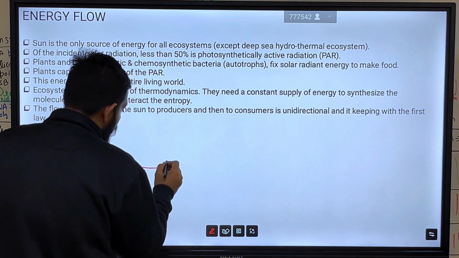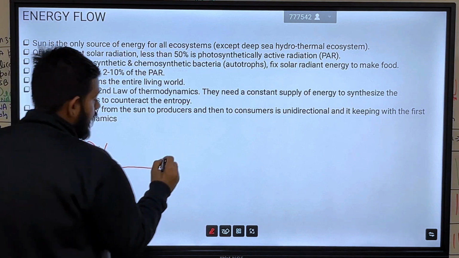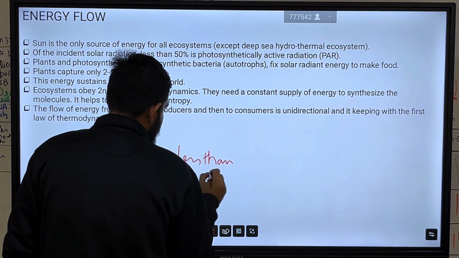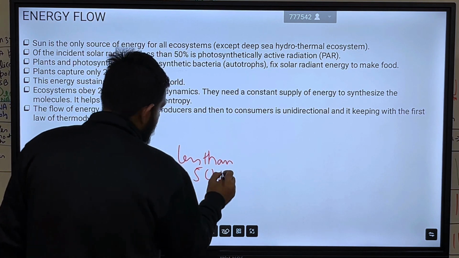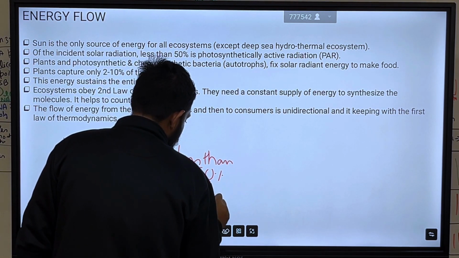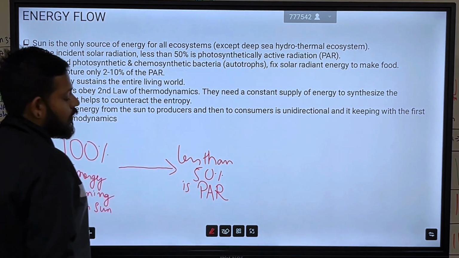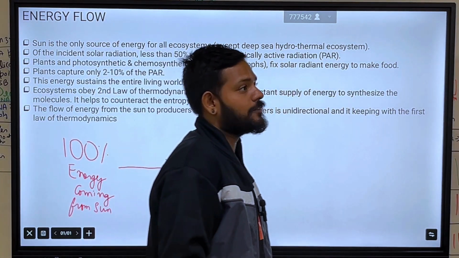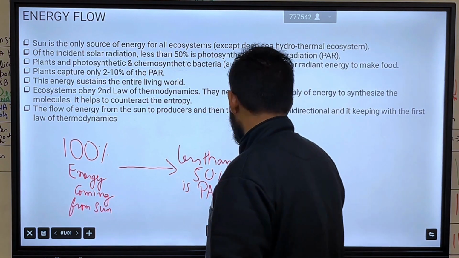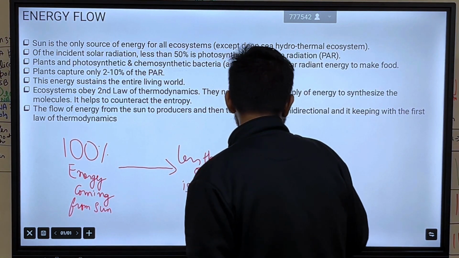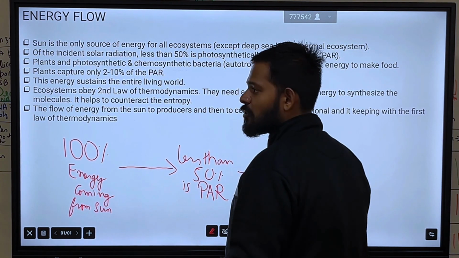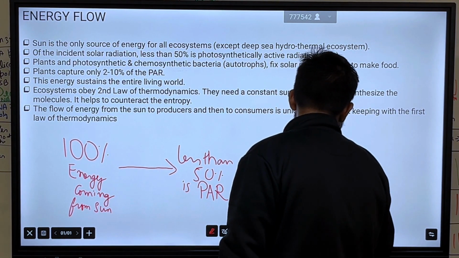Now, from that 100%, less than 50% is PAR, photosynthetic active radiation. Now from this 50%, plants only take 2 to 10%, and in some books it is 5 to 10%.